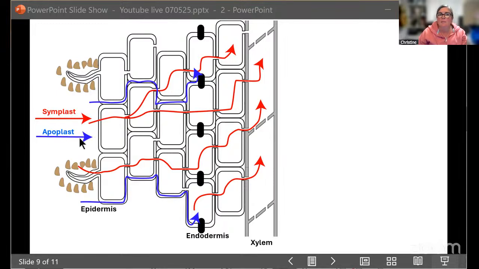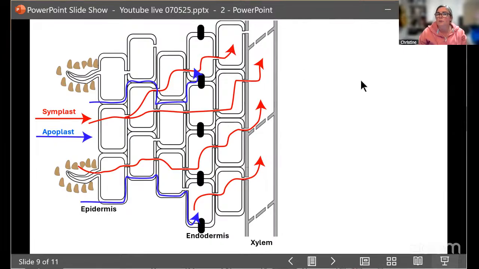Symplast pathway, Apoplast pathway. So I've used the different colors with my arrows to represent the Symplast pathway and that Apoplast pathway. So here you can see that in the Symplast pathway, the red arrows are going into the cells and then making their way through these gaps within the connections between the cells.